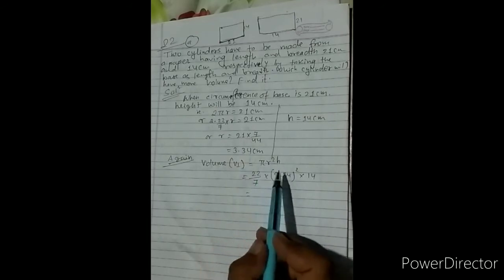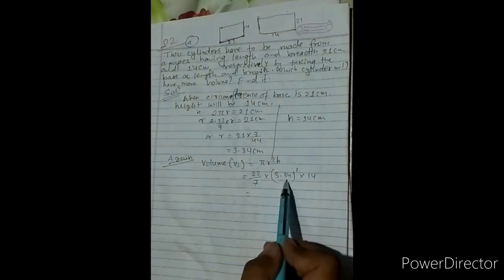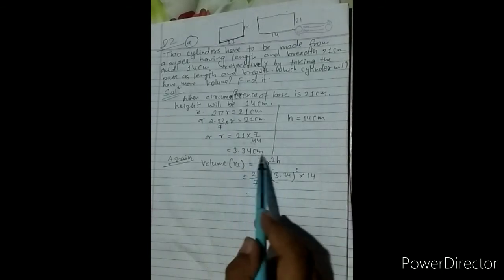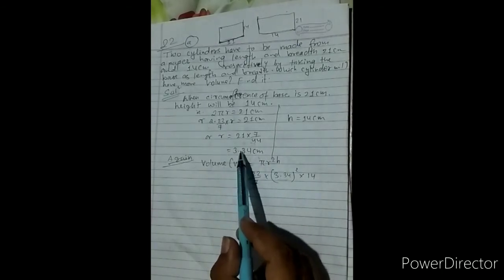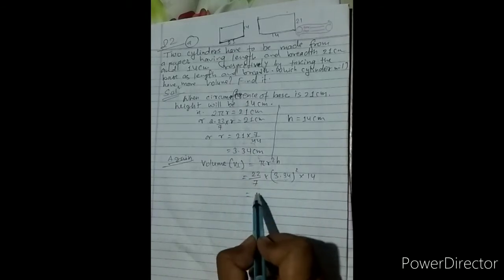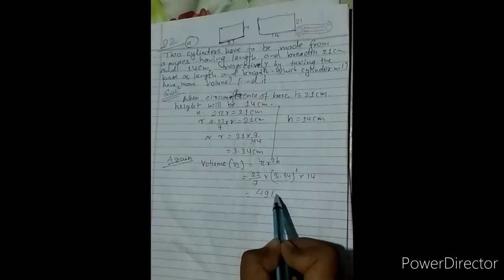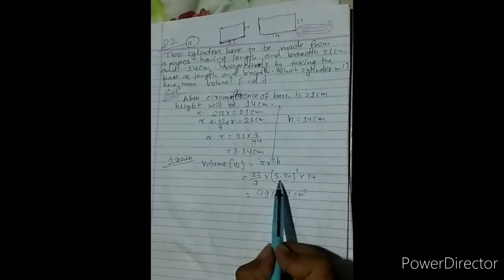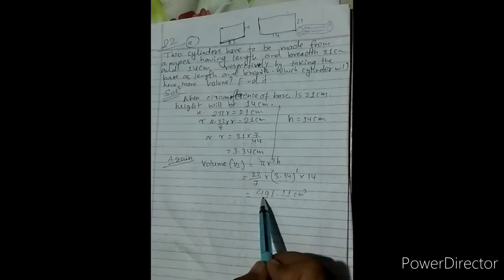When we write this 3.34 only, we get a different value. So whatever we get in the calculator first, use the same value. I suggest you use the full value here. Then we get 491.11 centimeter cube. Actually, if we use just 3.34, we get 490.